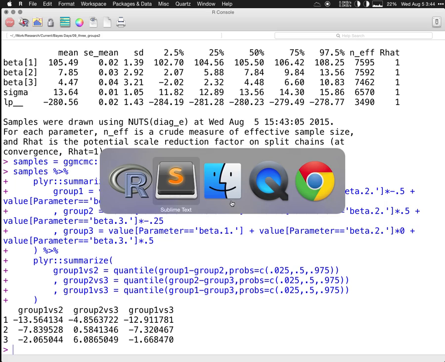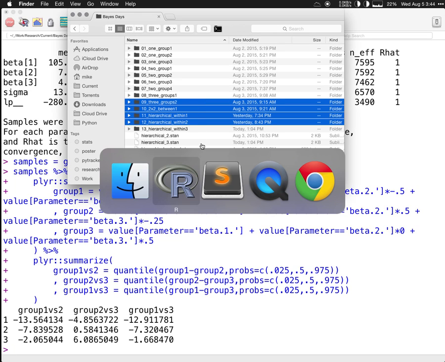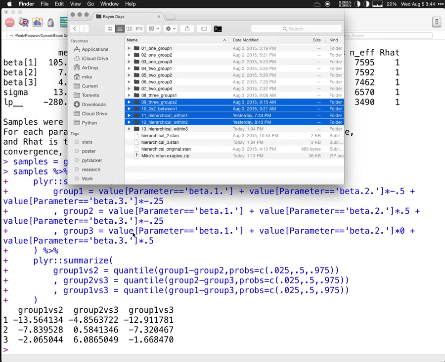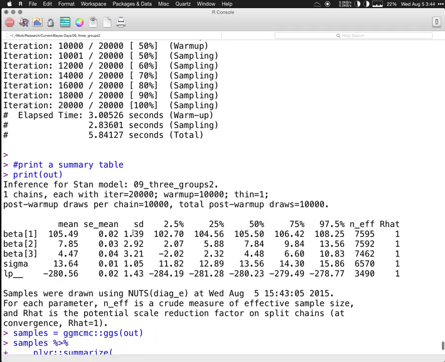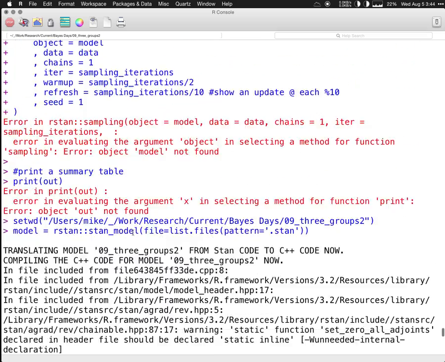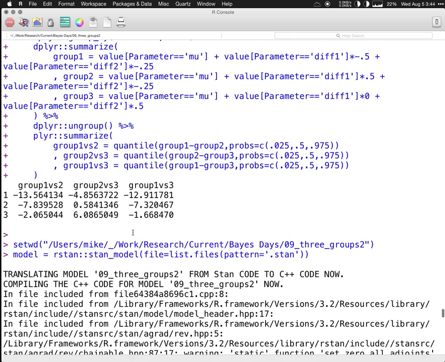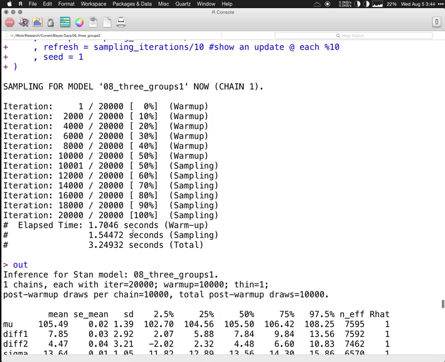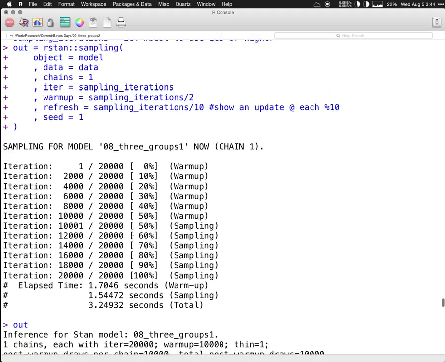Technically, I think that the matrix version runs a little bit faster. Let's actually see. Oh no, it's a little bit slower.